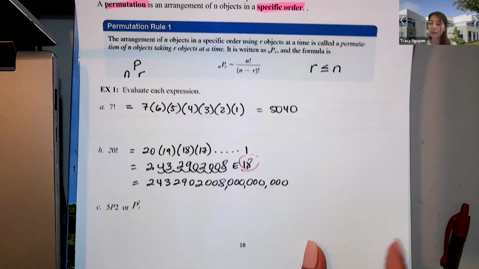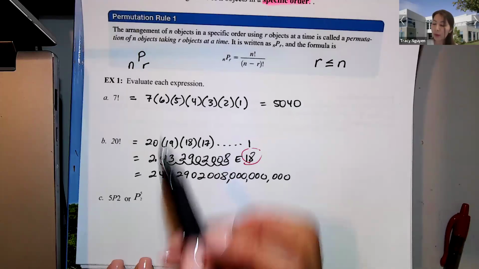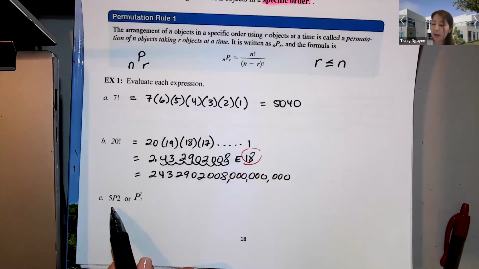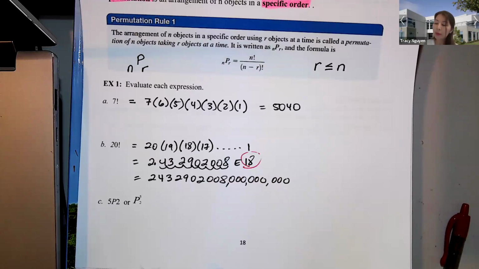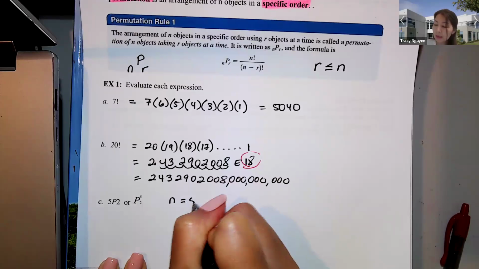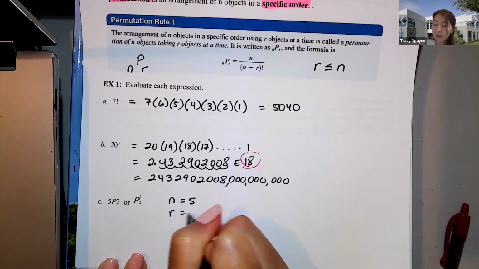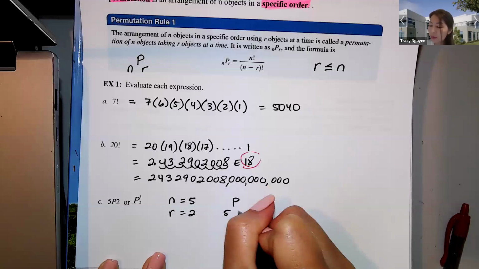Okay. What we're going to do now is move on to part C, permutation of 5 to 2. Sometimes you see this notation, sometimes you see that one. It depends on the textbook, but these two are pretty standard. In this problem, n equals 5 and r equals 2.